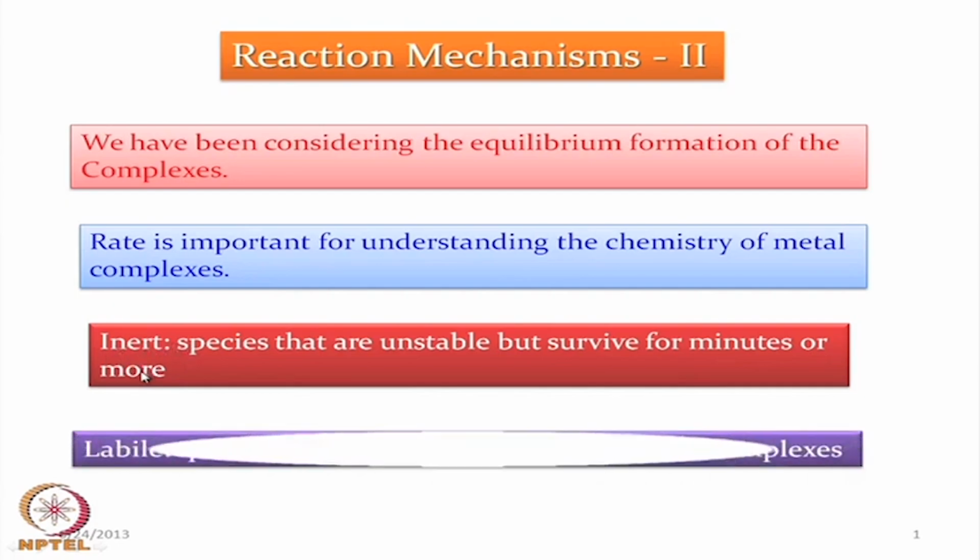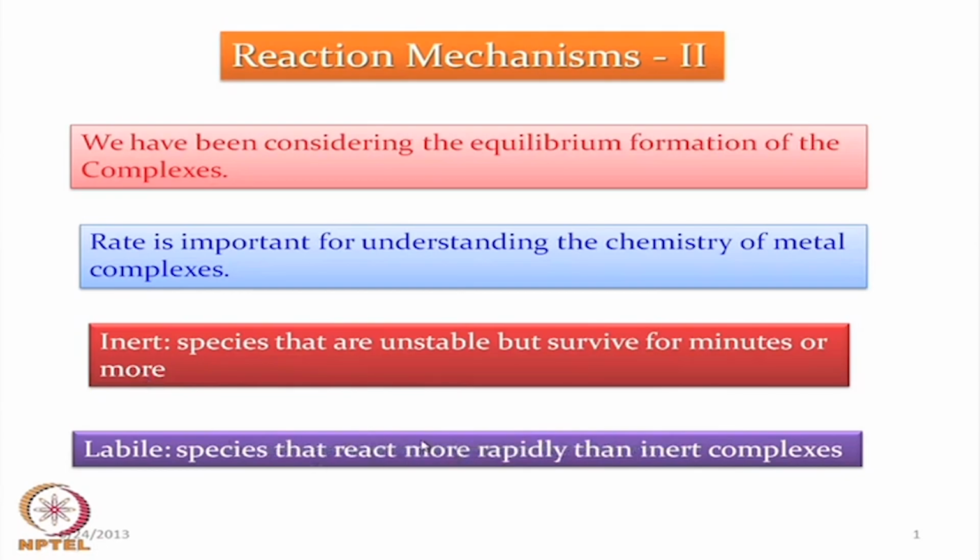But when a compound reacts more rapidly than inert complexes, we call it a labile complex. So, some of these water molecules are surrounding the metal centers, or the corresponding aqueous complexes.